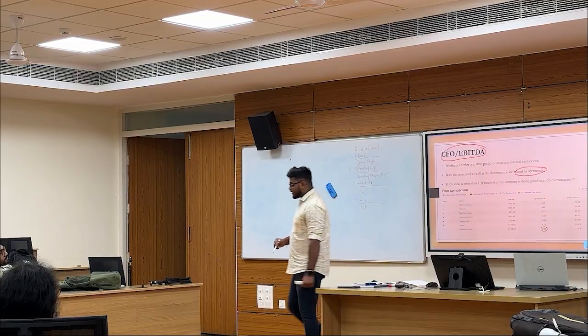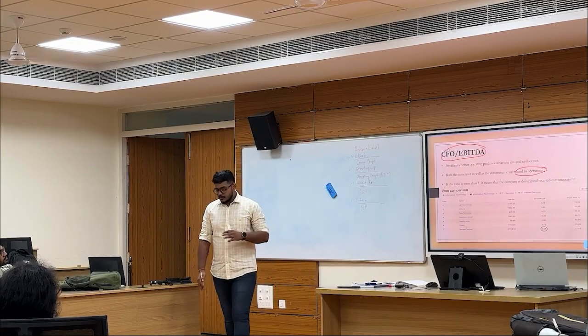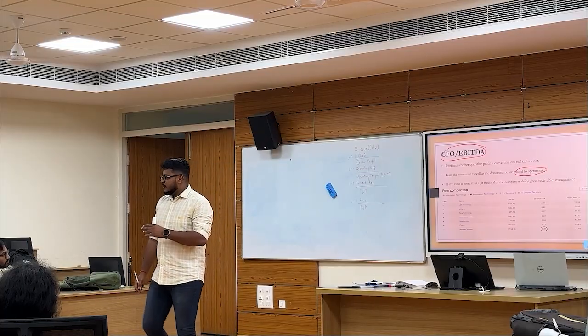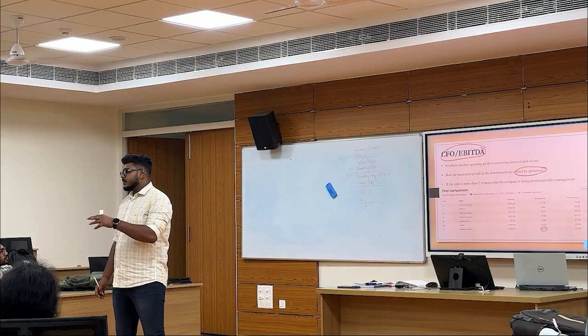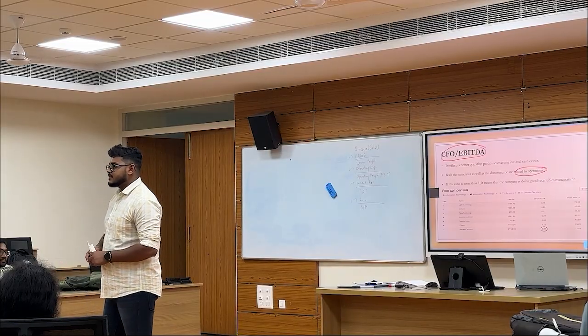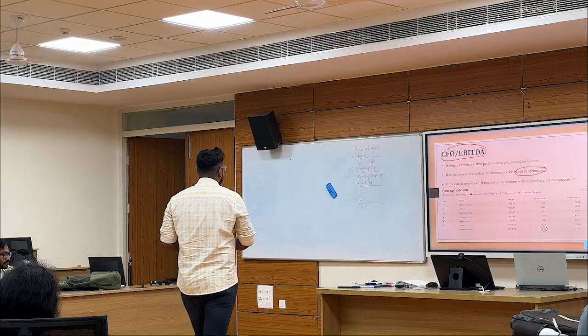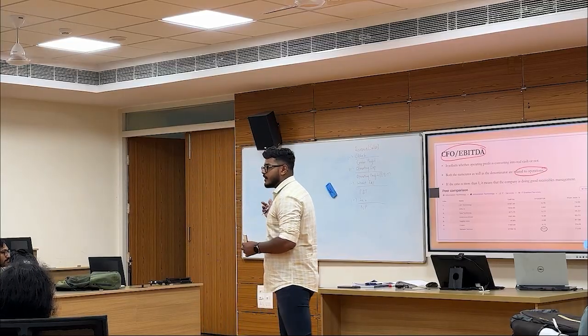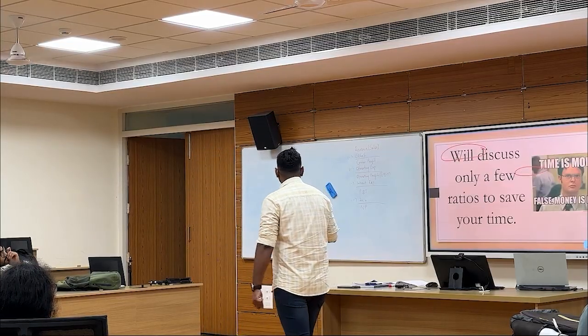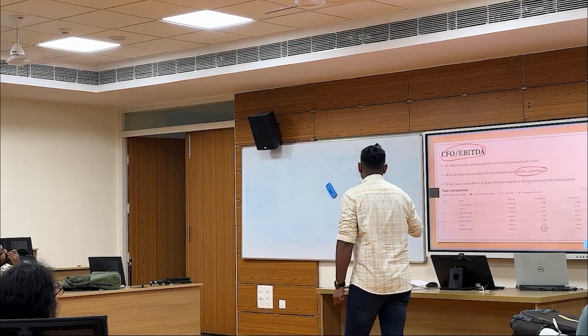Why is it important? Whatever operating profit the company is generating, we need to see whether the company is able to convert it into cash or not. If it is not able to convert it, that means the operations are not good, and it is a red sign that the company may be doing earnings and receivables management. That's why CFO by EBITDA is very important.